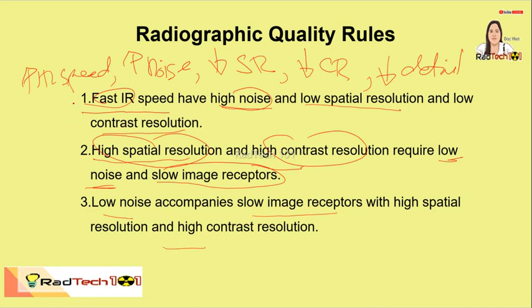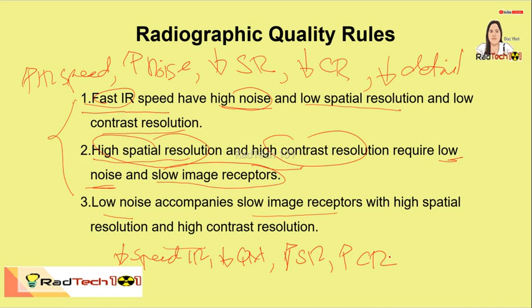So actually, if you're going to analyze these three, pare-pareho lang yung ibig sabihin niya. To minimize noise, kailangan gumamit ng slow speed IR. So slow speed IR, minimize quantum mottle or noise. It will increase spatial resolution as well as increase contrast resolution. Okay?